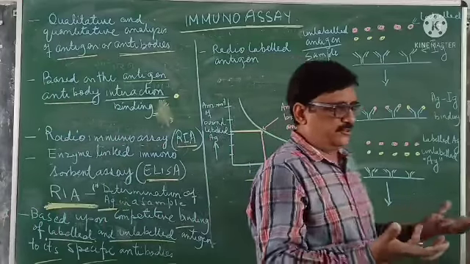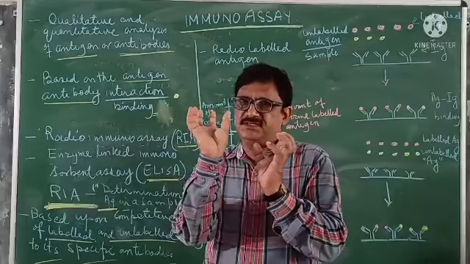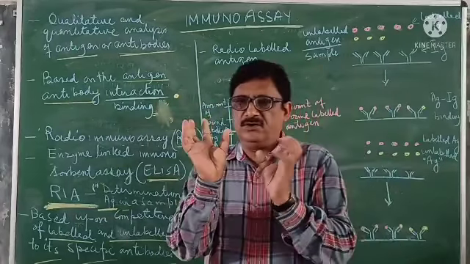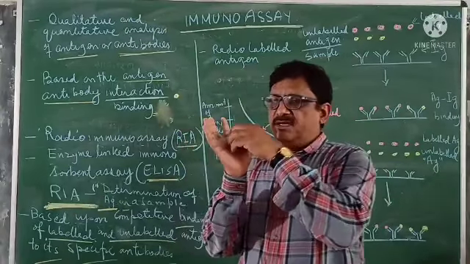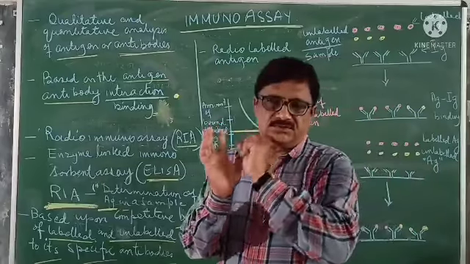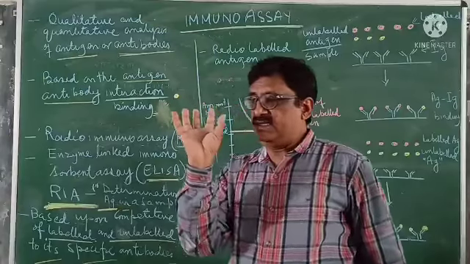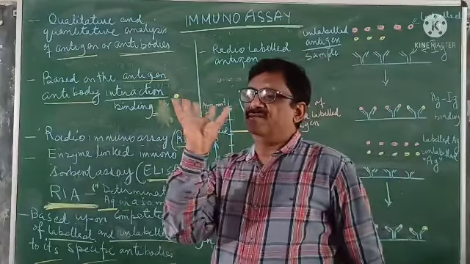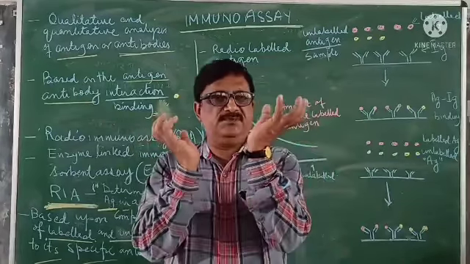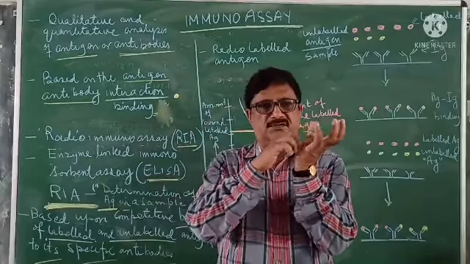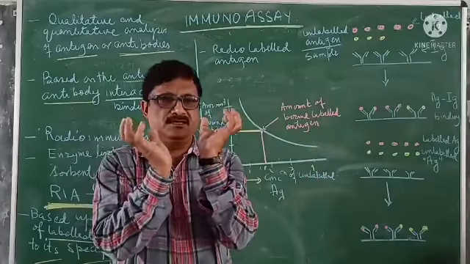If you take antigens and separate them into two groups, one group is made labeled, that is, the molecules of one group are attached to a radioisotope, then this group of antigens will be known as labeled antigen, and the second group of the same antigen, which are not attached to any radioisotope, is known as unlabeled antigen.